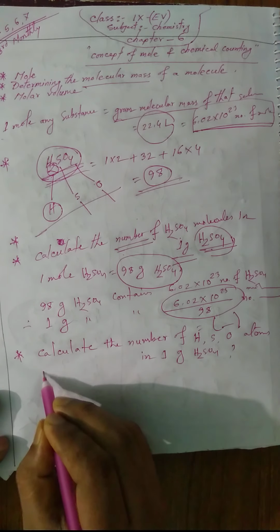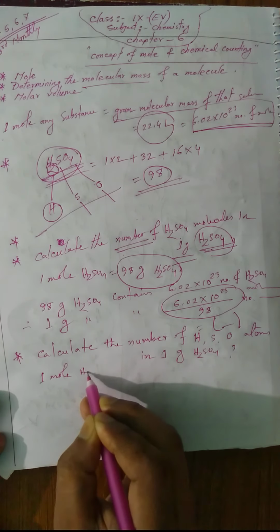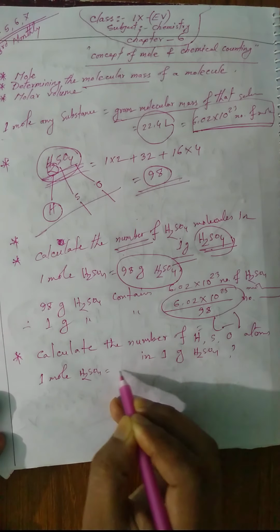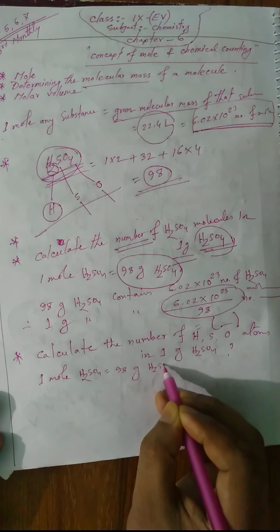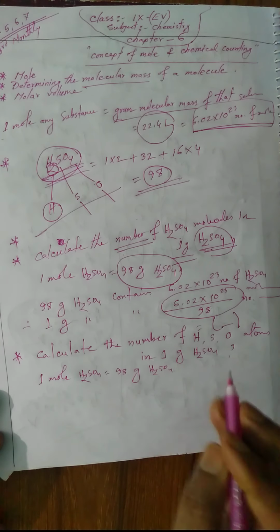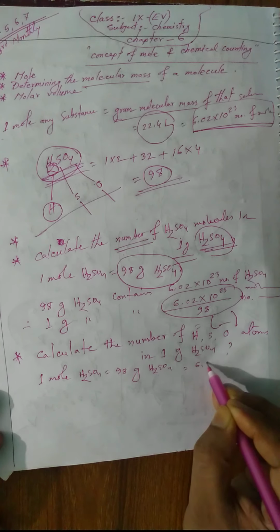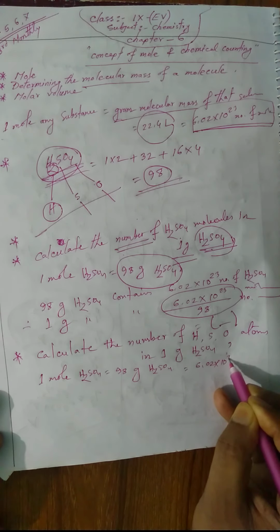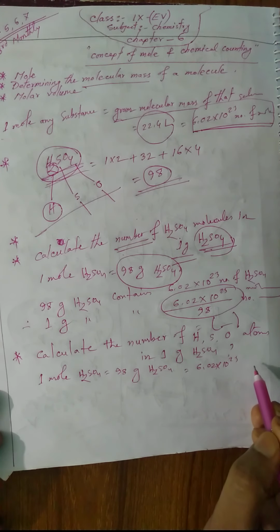We know 1 mole H2SO4 is equal to 98 gram H2SO4, which contains 6.02 into 10 to the power 23 number of H2SO4 molecules.